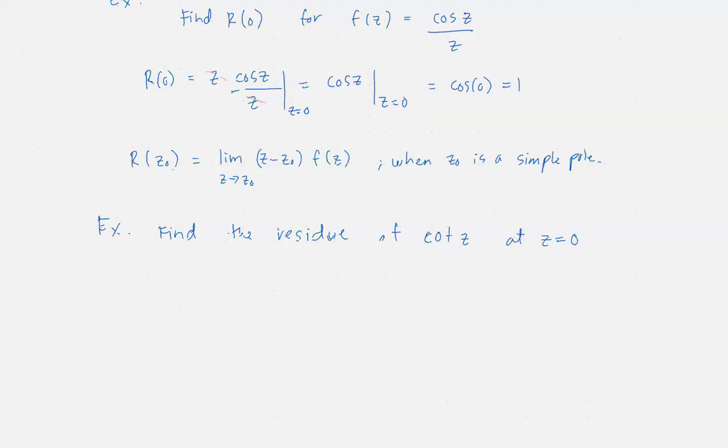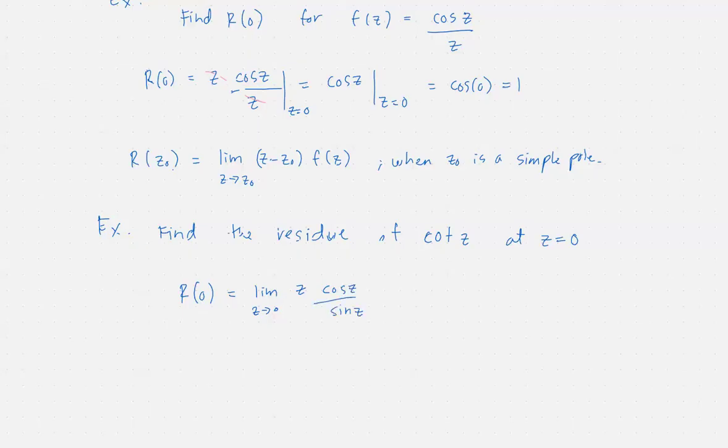Now, we can simply use r of 0. So take the limit as z approaches 0. So z minus z sub 0 is just z. And cotangent is actually just cosine z over sine z.